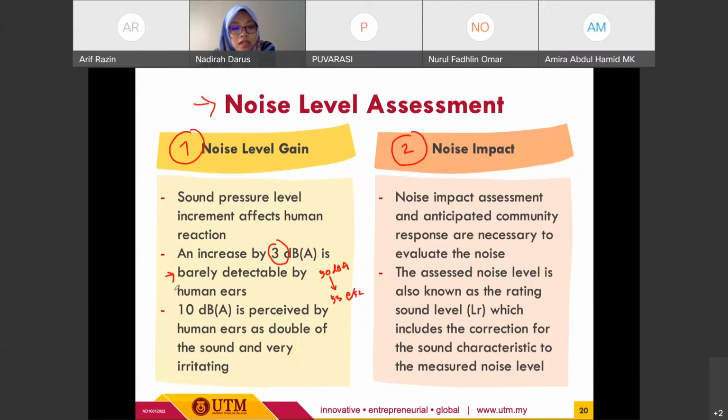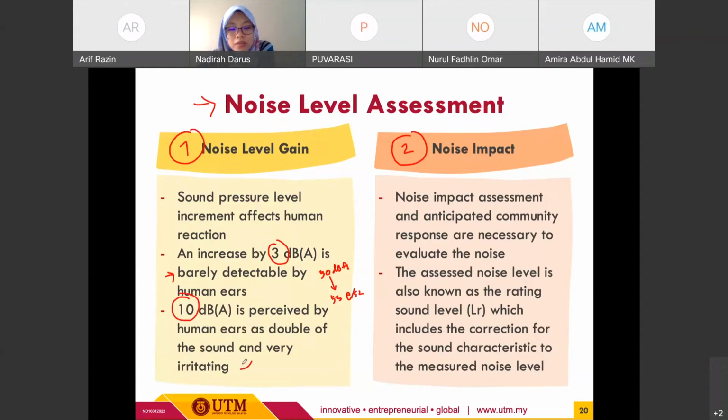Okay, however, if we have recorded a 10 decibel increment, that one will be perceived by human ears, and we can consider it as double the sound.